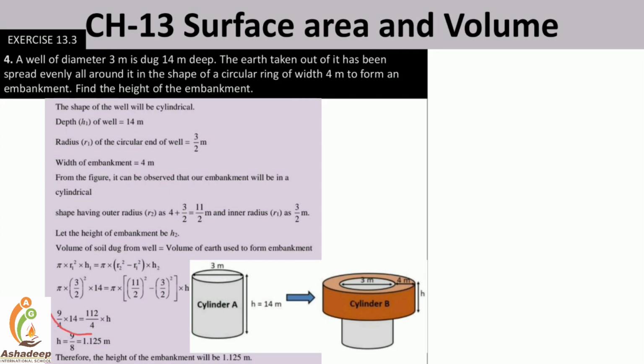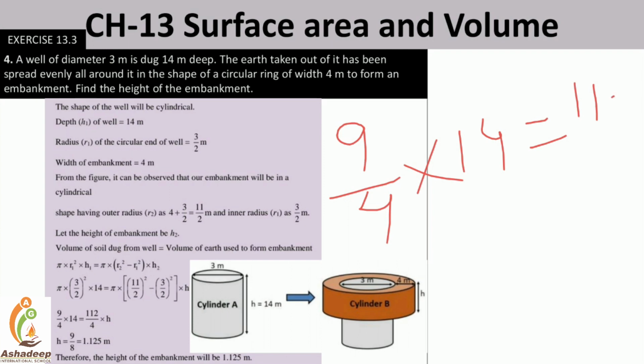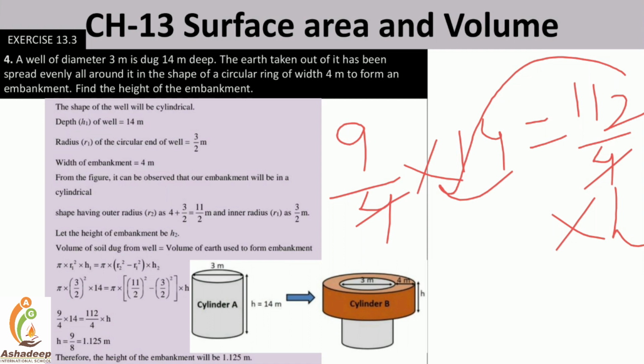Now this 4 is from the numerator and 112 goes into the denominator. So it is 9 by 4 multiplied by 14 is equal to 112 divided by 4 into h. 4 and 4 cut. So now this 112 comes into the denominator.